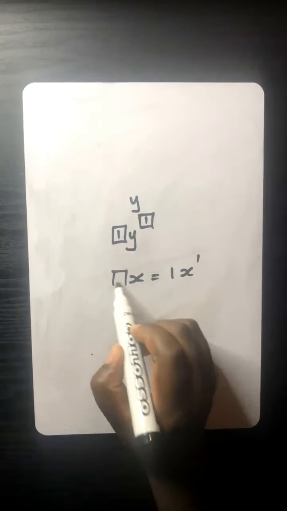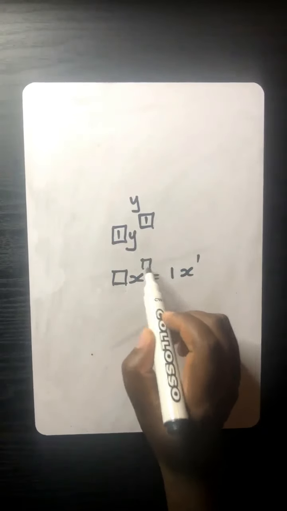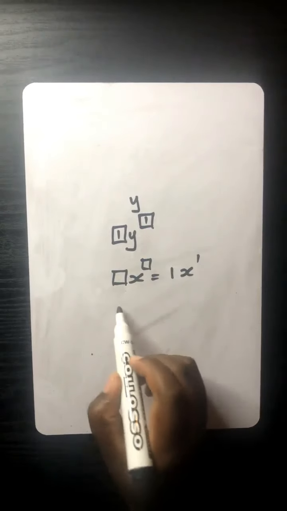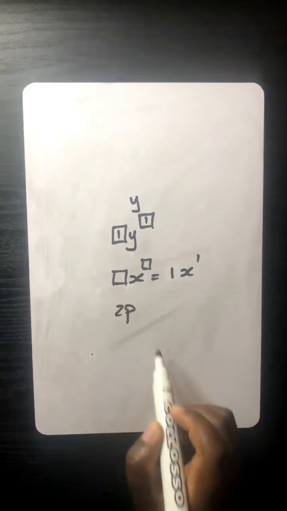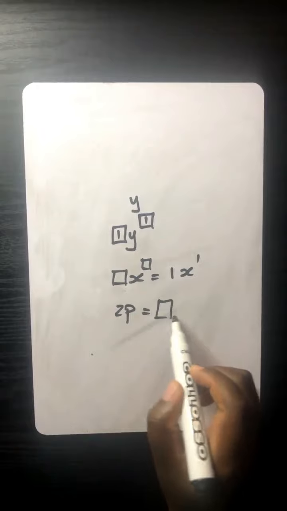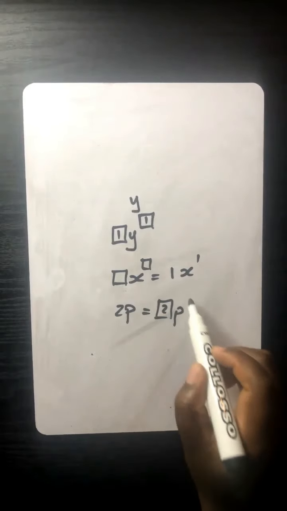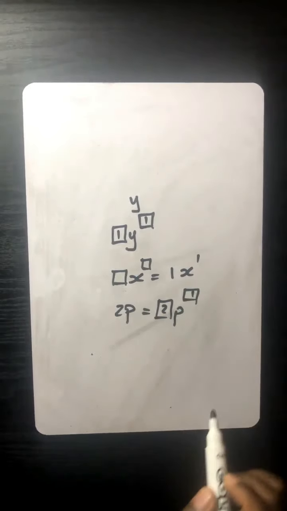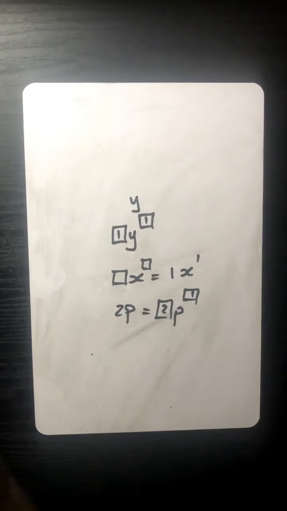Remember, you always have a coefficient, you always have an exponent. So if you have 2p, you know the coefficient of p is 2 and the exponent is 1. So ladies and gentlemen, let me now explain how the square roots work.